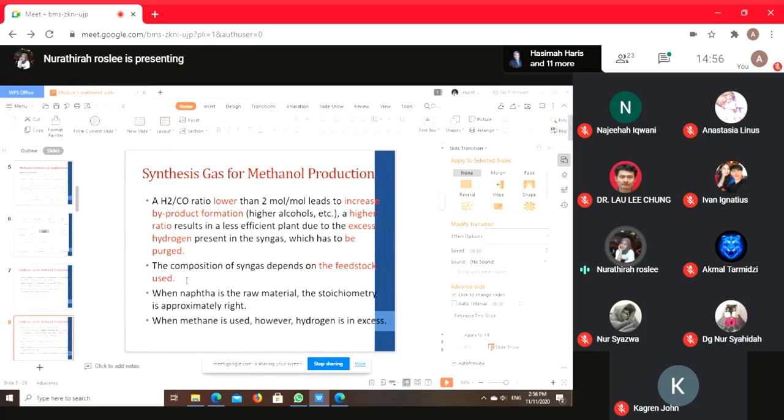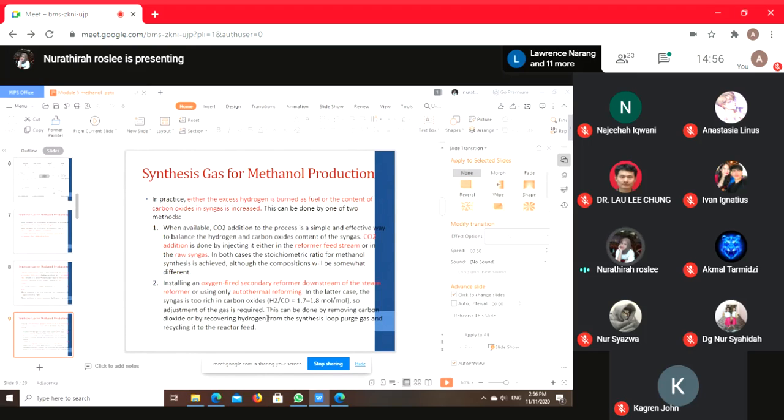When naphtha is the raw material, the stoichiometry is approximately right. And when methane is used, hydrogen is in excess. In practice, either the excess hydrogen is burned as fuel or the content of carbon oxide in the syngas is increased. This can be done by one of two methods.